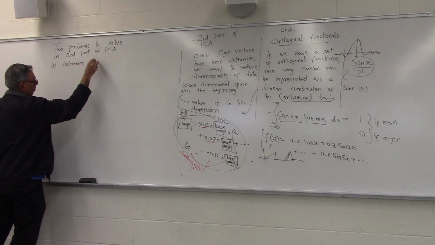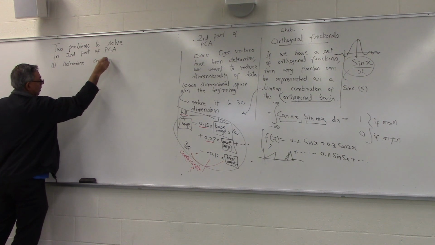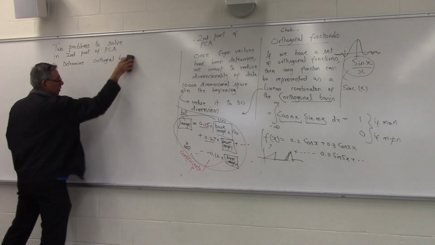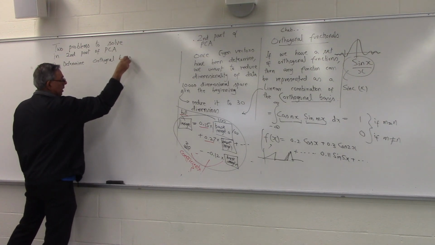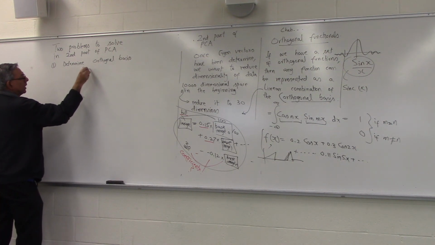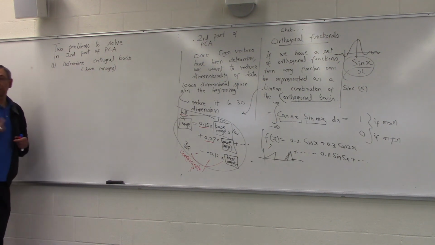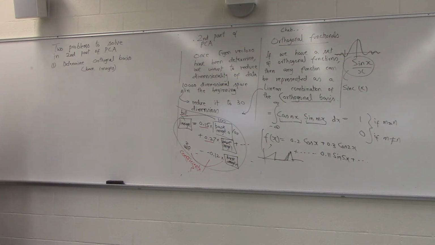Determine orthogonal basis. And in our case, these will be base images, which if we convert it to a vector, do the inner product, it will always produce a 0 with somebody else, but with itself it will produce a non-zero answer, right?